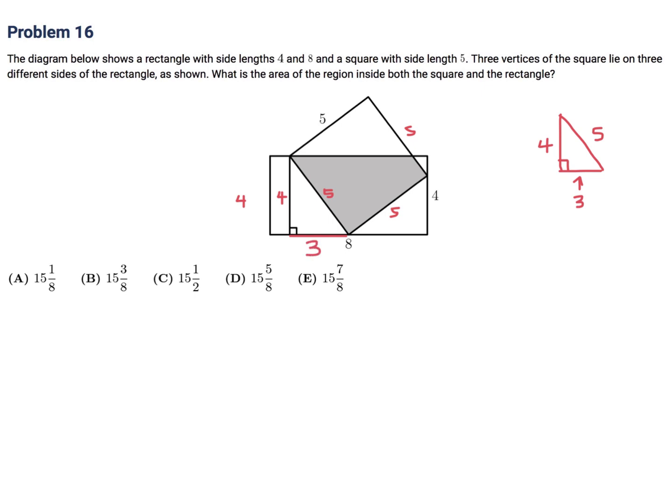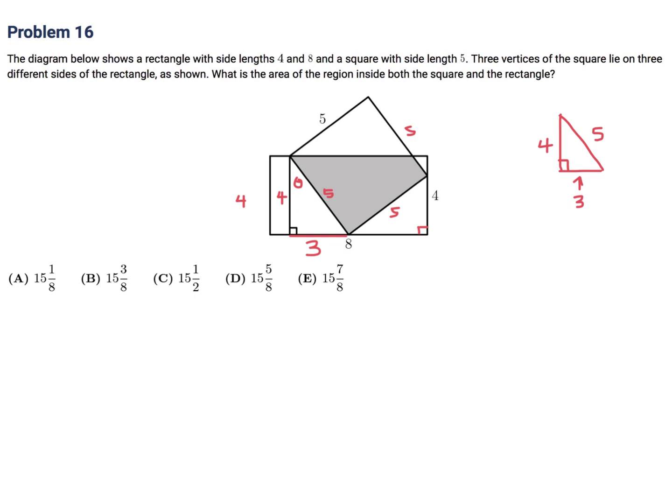So therefore, from here to here, let me think about this for a second. Let's see if I can put in some angles. If this is theta, and this is also 90, right? So therefore, I think the angles are going to help us a lot here.